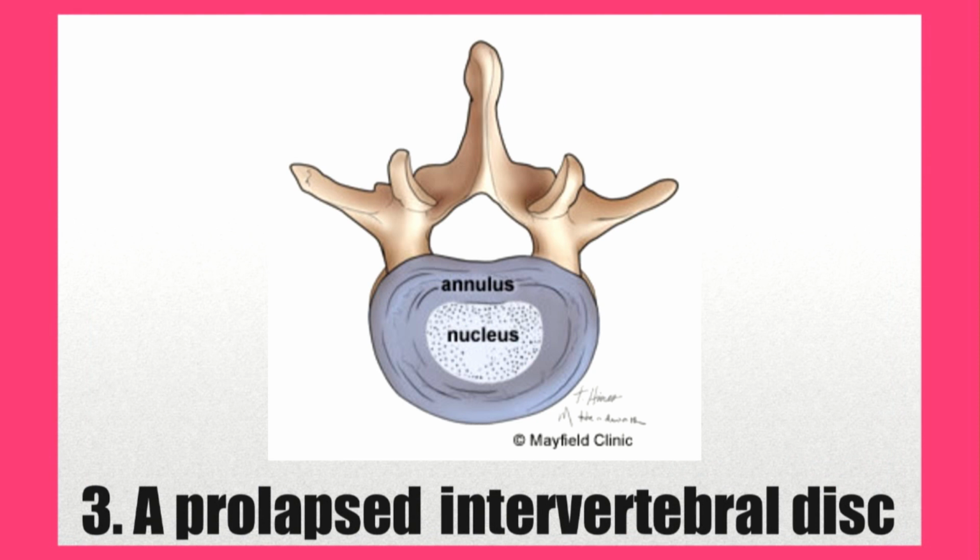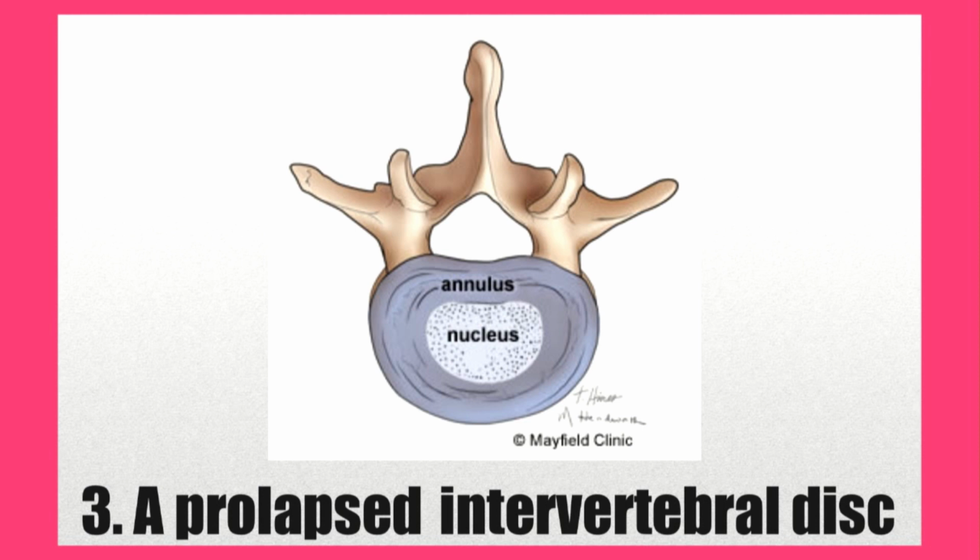The third cause of spinal disease is prolapsed intervertebral disc. This picture shows a brief anatomy of the spine. We have the vertebral body, two pedicles, two laminae, and the spinous process.